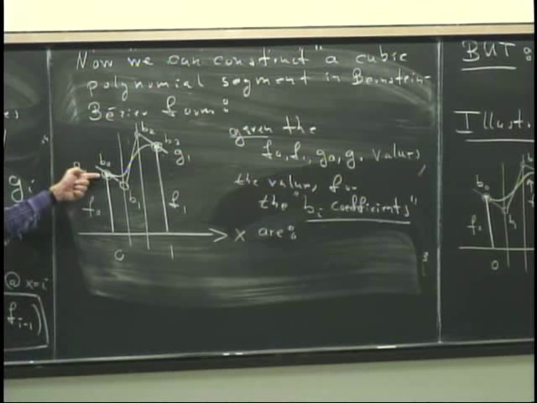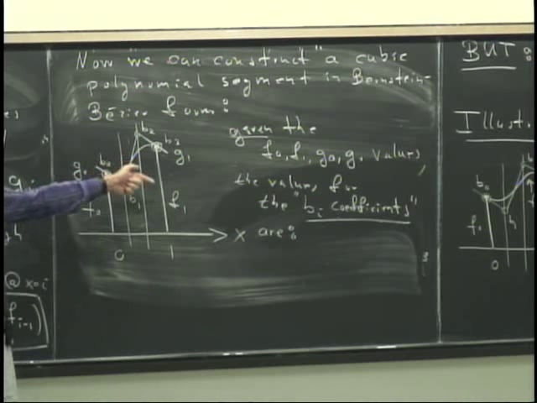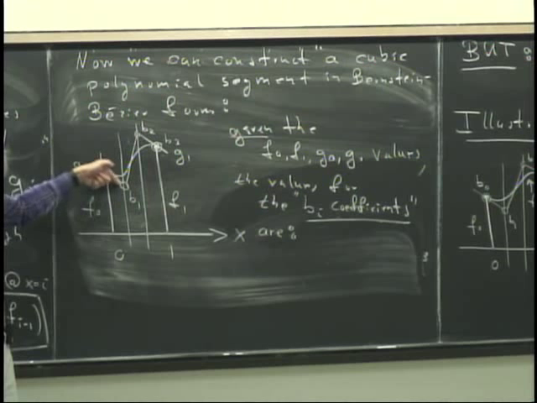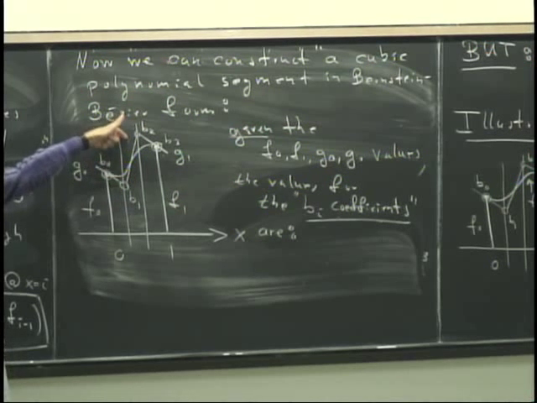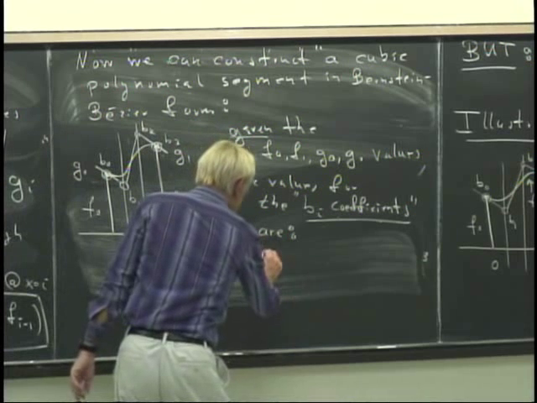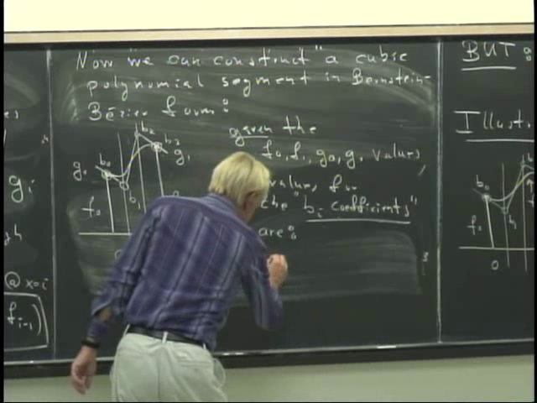B0 equals, the way I've drawn it, F0, right? B3 equals F1, but these guys in the middle are a little bit more complicated, right? So I give them to you and tell you how they are derived.